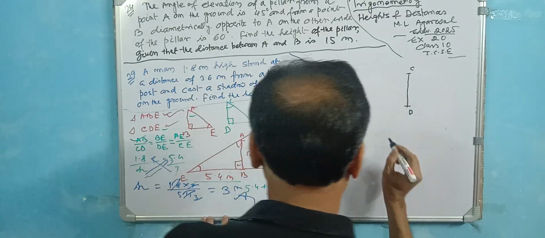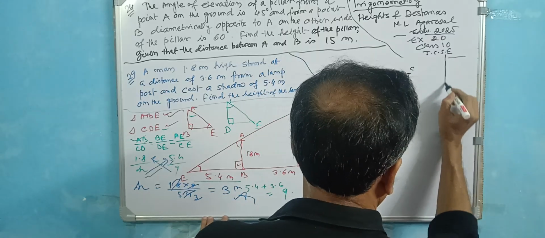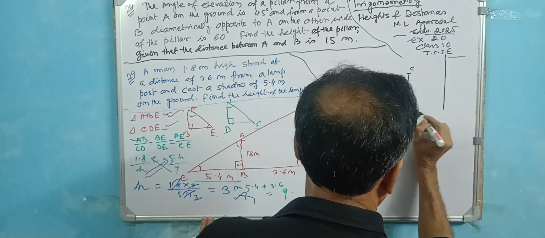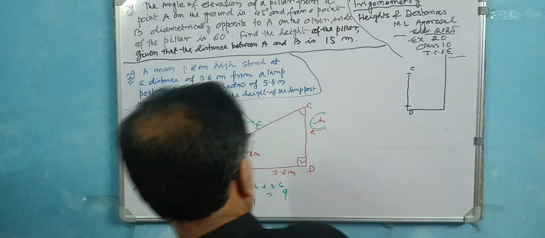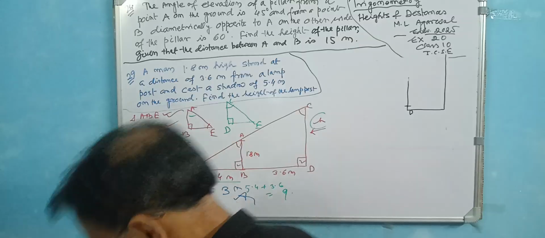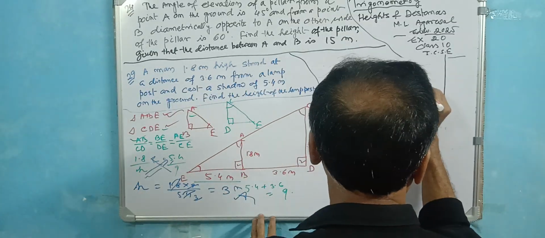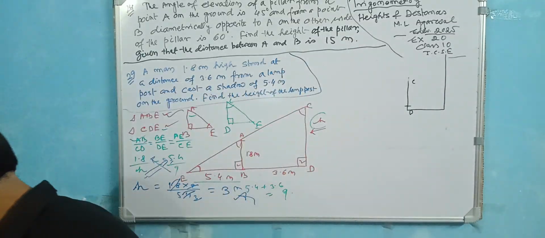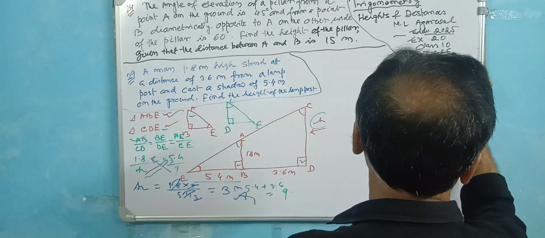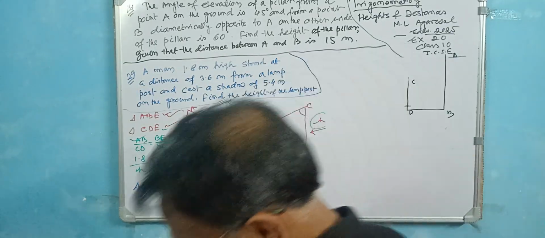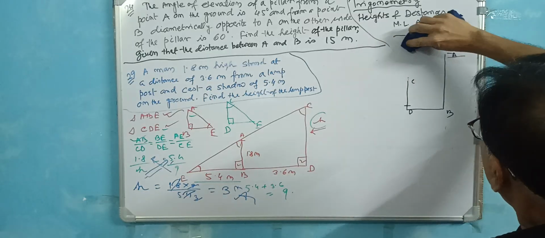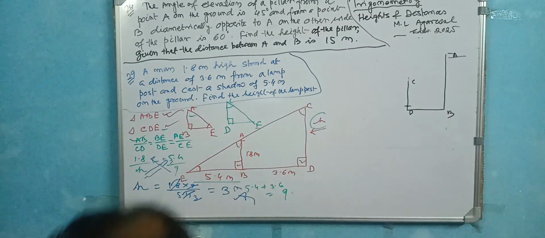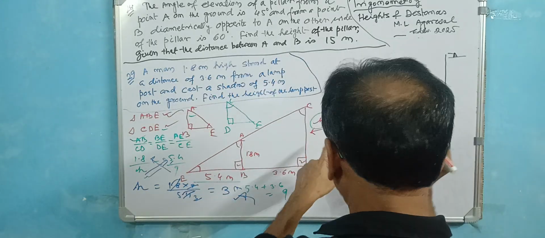You write the other drawing. I'll reduce this a bit so that drawing is easier. Okay, this is CB. Okay, so this is AB. I'll erase this part a little. Okay, AB. This is actually the lamp post.